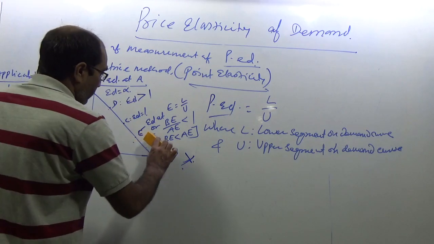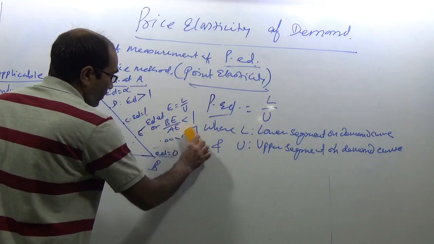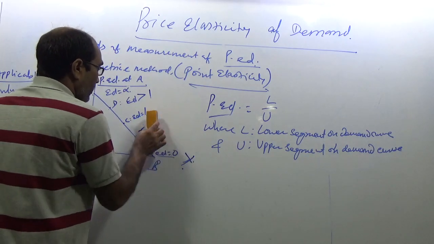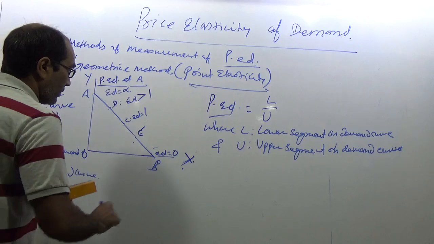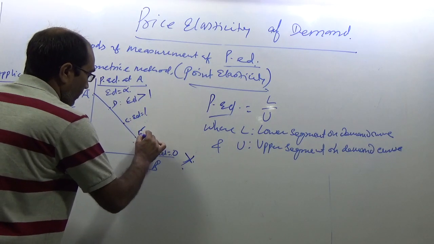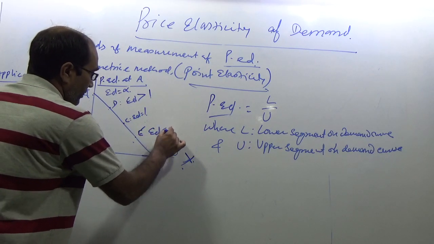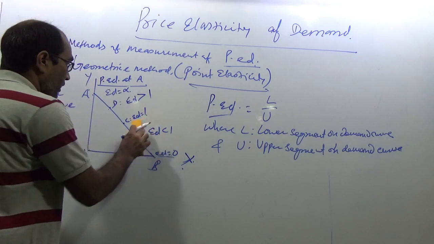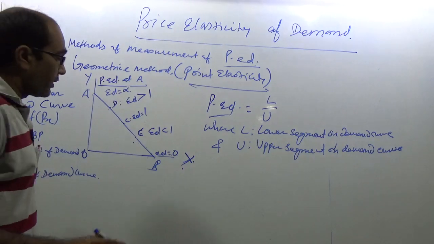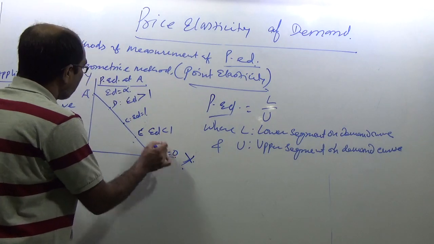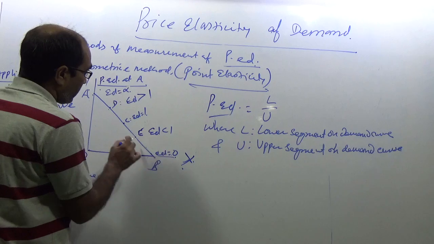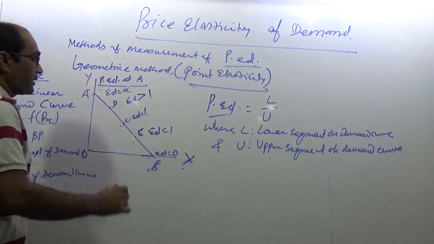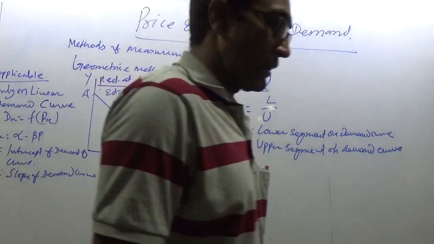So dear student, you can see what we got. The value of elasticity after applying point elasticity: ED less than 1. After applying the point elasticity, our range of elasticity is 0 to infinite; in between BC it is 0 to 1, and in between AC it is 1 to infinite.